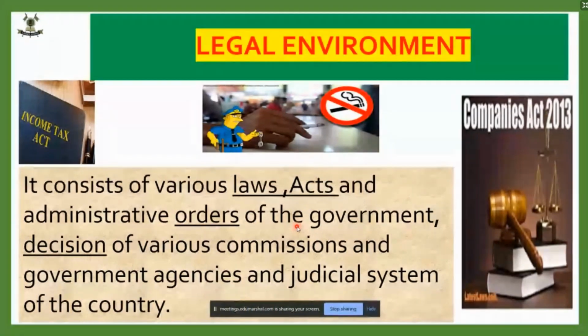Now, what is the difference between the legal and political environment? Political environment is when a particular issue is being debated, when talks are going on in the houses, Rajya Sabha, Lok Sabha, the bill has been proposed, that is political. But the moment approval has been given and it has been converted into a law, into an act, then it becomes legal.